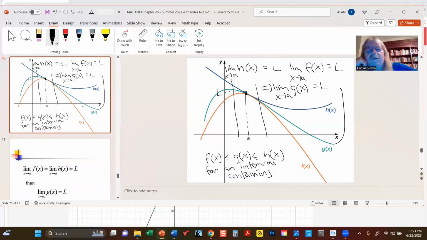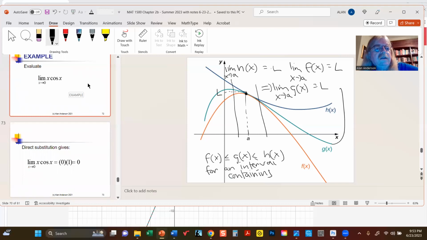So the reason why this might come in handy is because you might have a function g of x whose limit you're trying to calculate, and it may be a very messy function, but you might be able to find two other functions that surround it that are much simpler. It might be easier to evaluate their limits than directly calculate g's limit.